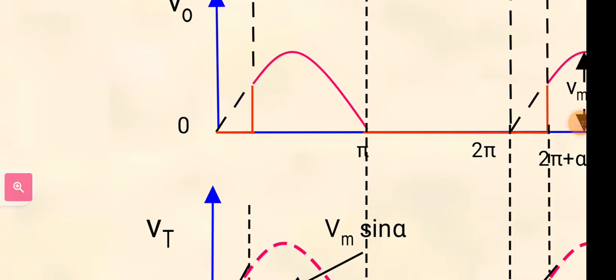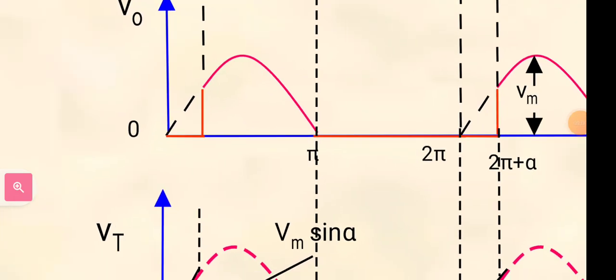The angle may be 0 to a maximum of 180 degrees, but we can consider 10 to 170 degrees. After some delay angle alpha, the thyristor starts conducting, the voltage goes to some value, again reaches the maximum value, and comes to 0. So this is only the half wave.